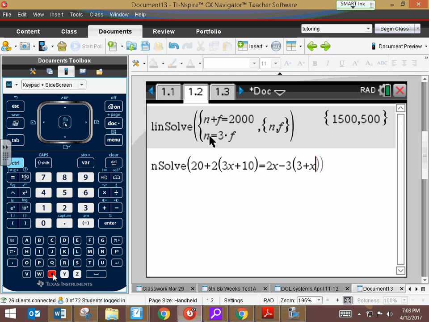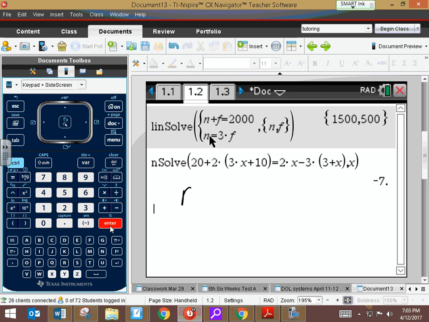All right. Close the parentheses, equals. Let's tell the calculator that we're looking for x. Press enter, and we get -7. Didn't really run into a problem there. Okay. So that's how you solve it with LinSolve, which was menu 3, 1 on the calculator.